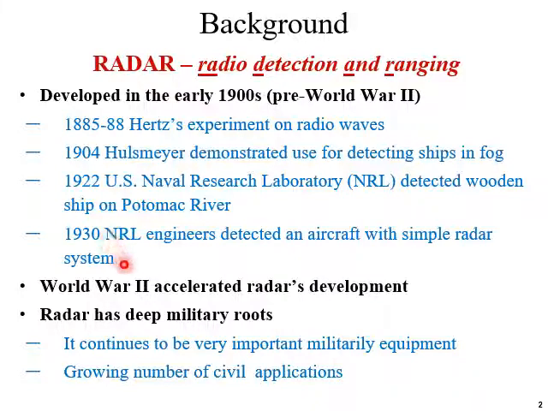In 1930, NRL engineers detected an aircraft with a simple radar system, because at that time aircraft became one of the major and important equipment for the battlefield or war.